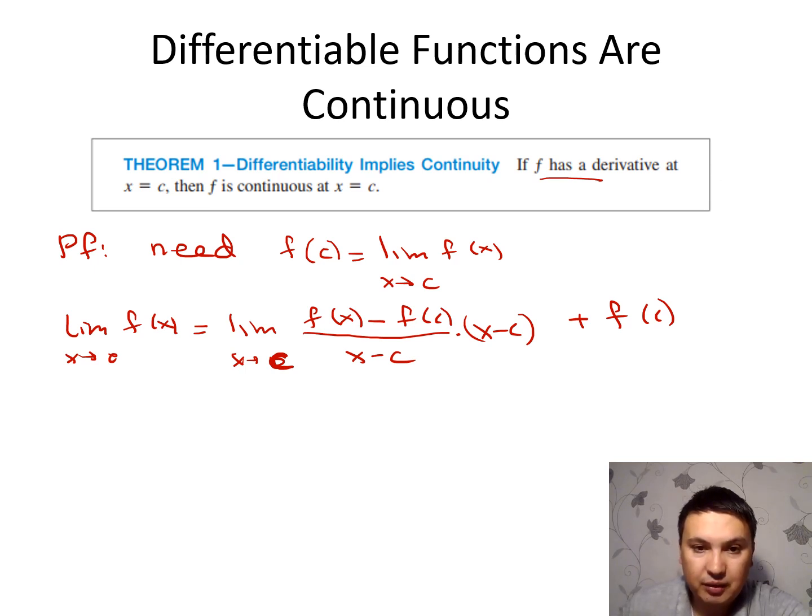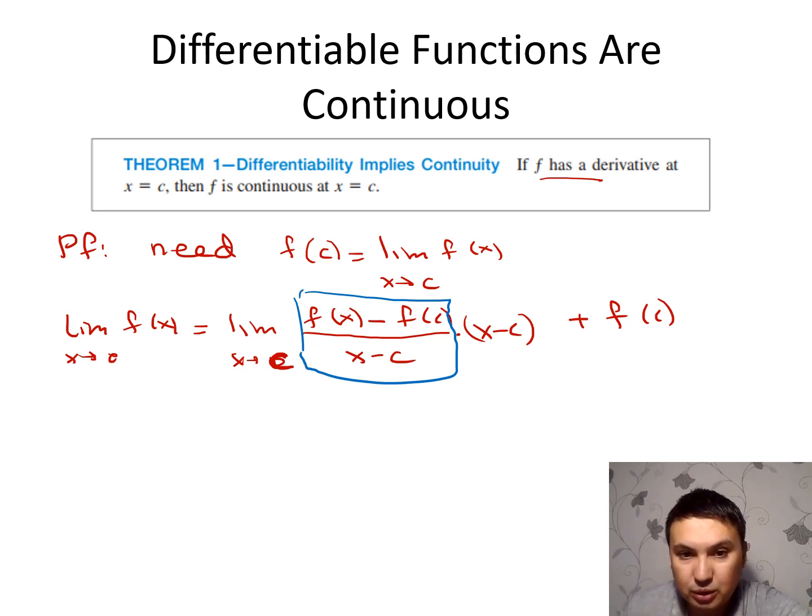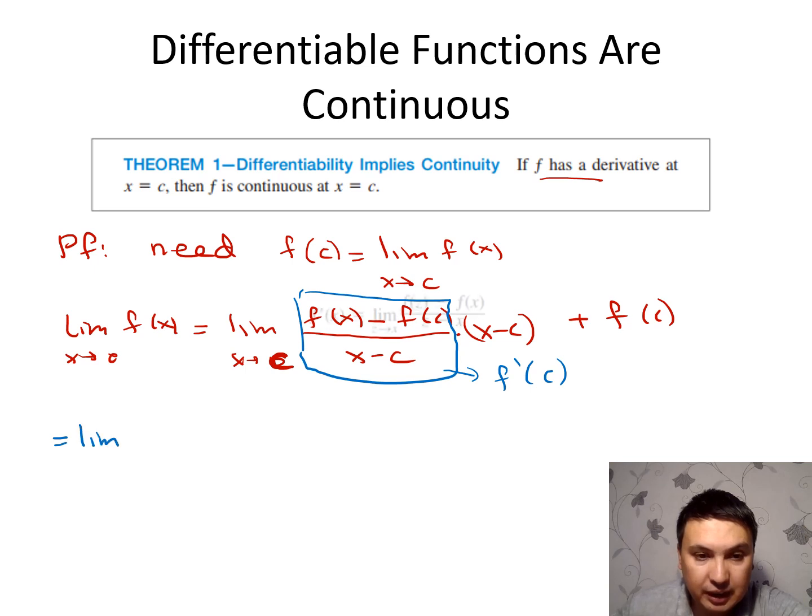Now look at what happens to this term. This is another definition of the derivative, and we already know that the derivative exists. So if you let x go to c, this particular part goes to f prime of c, and we know it exists. Because this limit exists, we can split the limits.